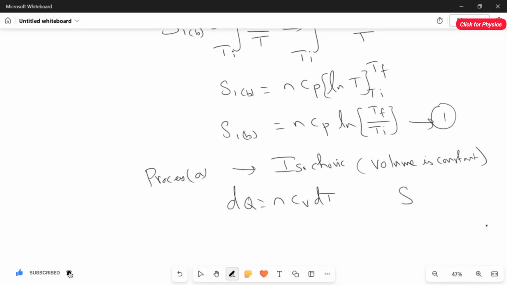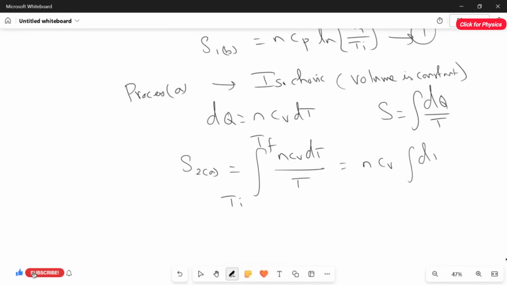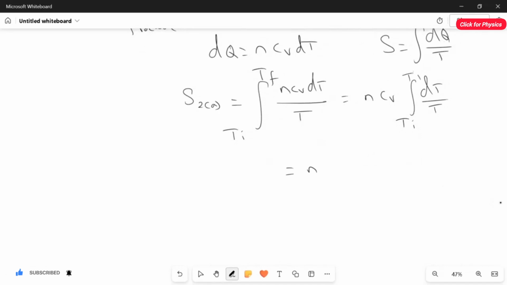So I have to substitute this in the entropy formula, dq over T. When you substitute this here, like what we did in the previous part for isobaric, you will get S2 for process A. That means the previous one is for process B. So S2 of A is equal to the integral of n Cv dT over T, from the initial temperature to the final temperature, and then we can take n Cv outside. The integral of dT over T gives the natural log of T, so we get n Cv ln of Tf over Ti.